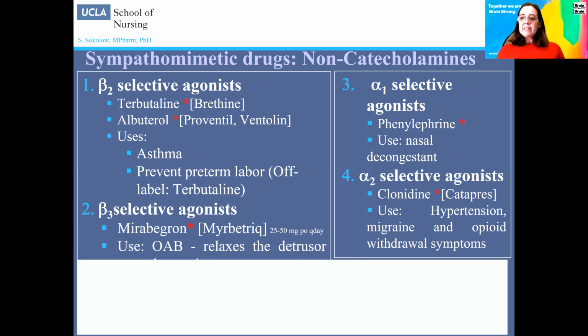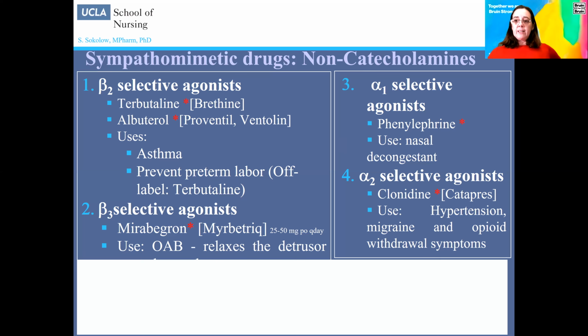And then the alpha-2 selective agonist is clonidine. This one is an agonist of the alpha-2 receptor. But if you remember, the alpha-2 receptors are presynaptic, and when they're activated, they prevent the release of more norepinephrine. So basically, they act as an antagonist. They are involved with the negative feedback loop.